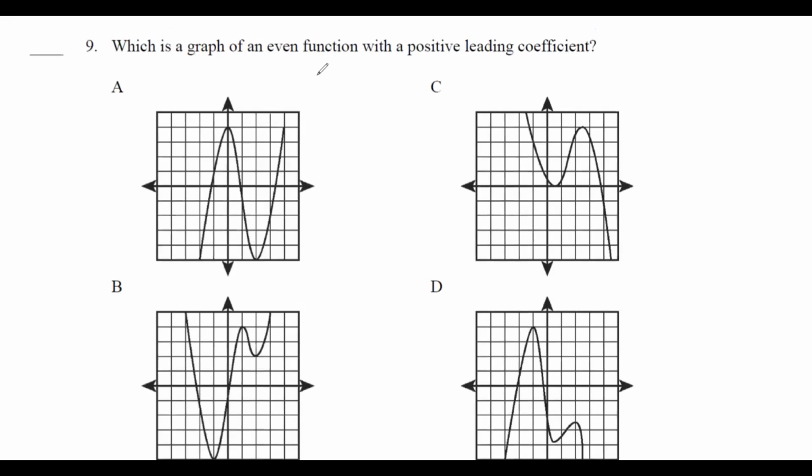What type of end behavior if it's even? Both end behaviors have to be up, and it's positive, so they're both facing up. Which one has both end behaviors up? This one has down, up. This one has up, down. This one has up, up, and this one has down, down. So it has to be B in this case.